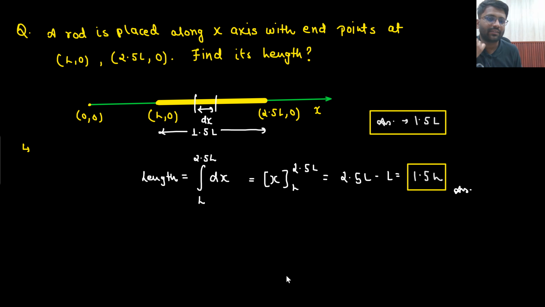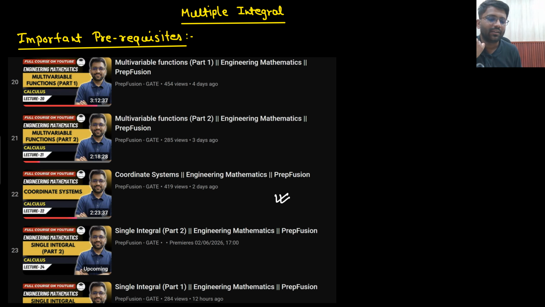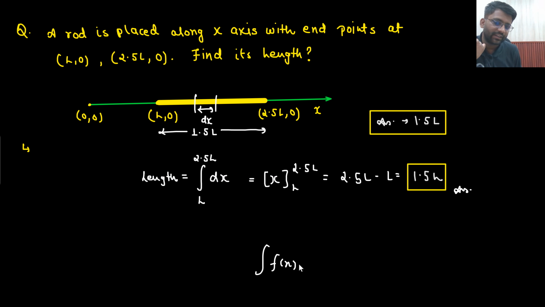Sir, in the last lecture when we were studying single integral, you said that the integral of f(x) dx from a to b would represent area. So single integral is representing area there, but here you are saying that single integral is representing length. Yes, I am saying that, but I am saying a half statement.